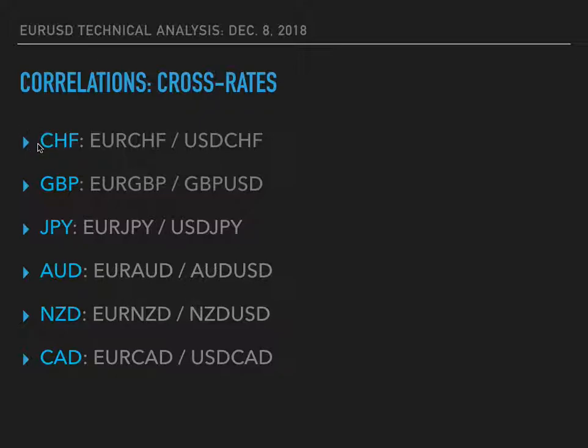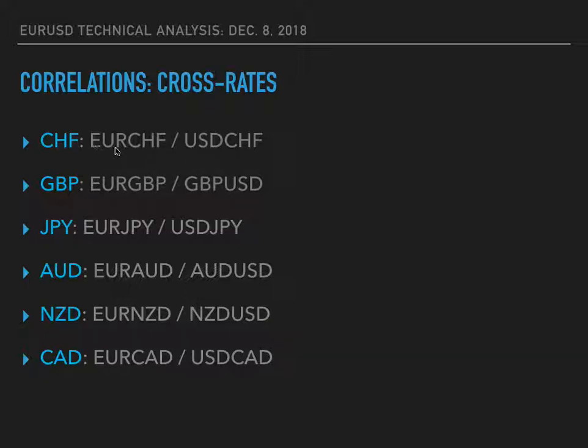correlated or cross rate currencies are the Swiss franc, the British pound, Japanese yen, Aussie dollar, New Zealand dollar, and the Canadian dollar. And here are representative of the base currency in correlation to the Swiss franc in this example, and the US dollar as the quote currency in correlation to the Swiss franc, and how this cross rate would be represented.